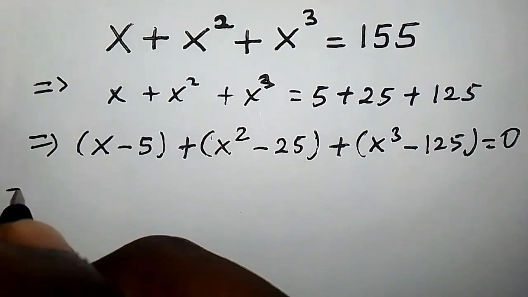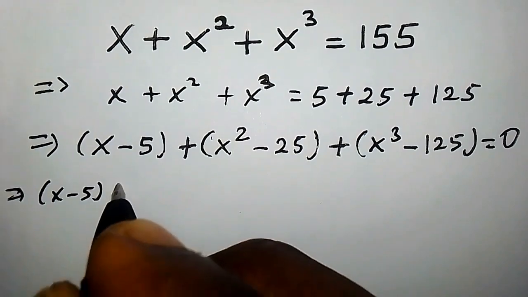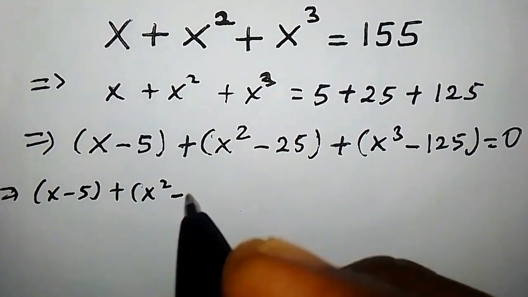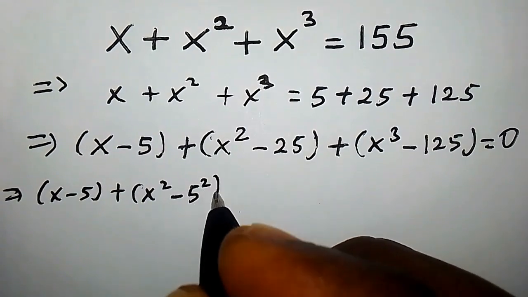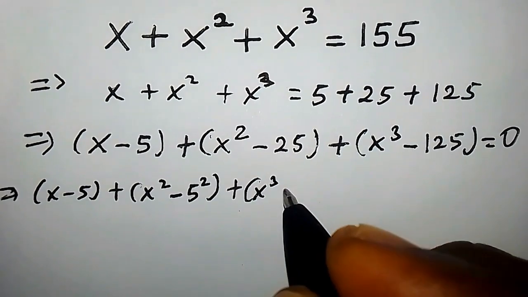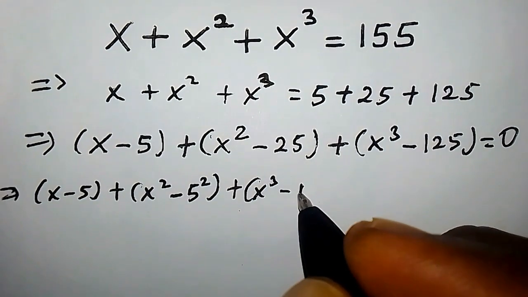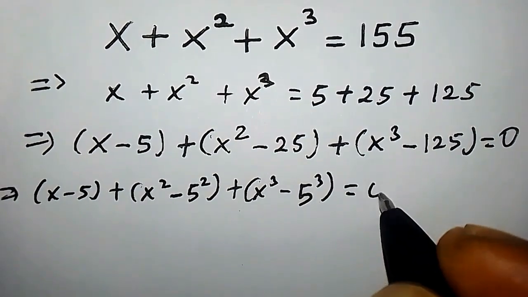Let's continue. This implies that x minus 5 plus x squared minus 25, which could be written as 5 squared, plus x to the power of 3 minus 125, which also could be written as 5 to the power of 3, equal to 0.